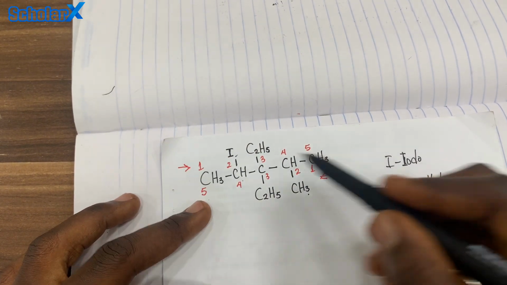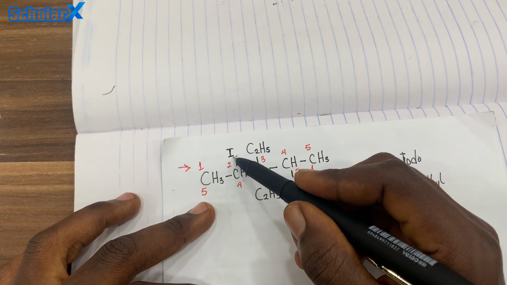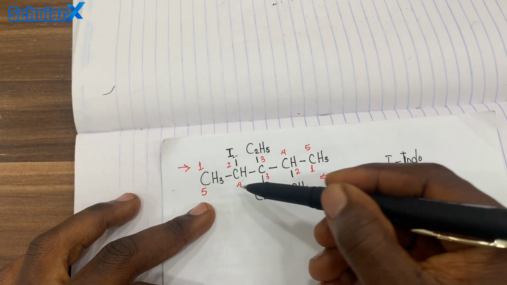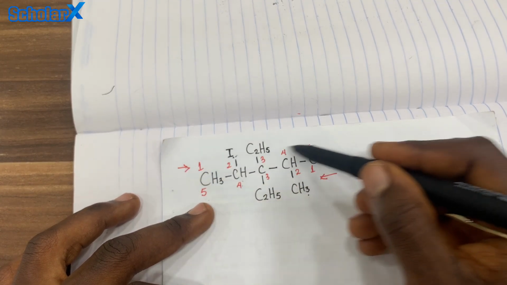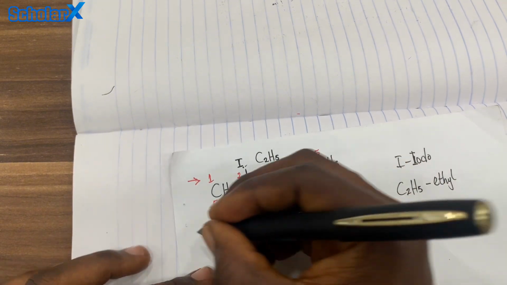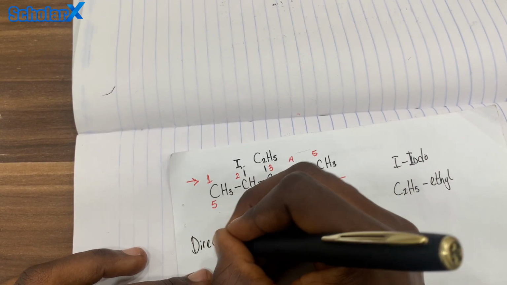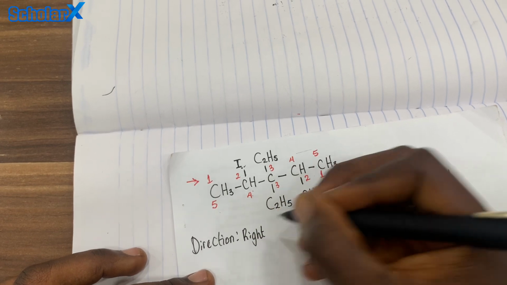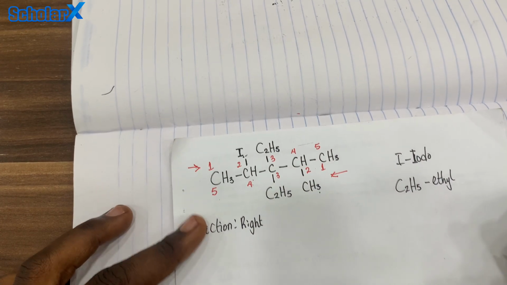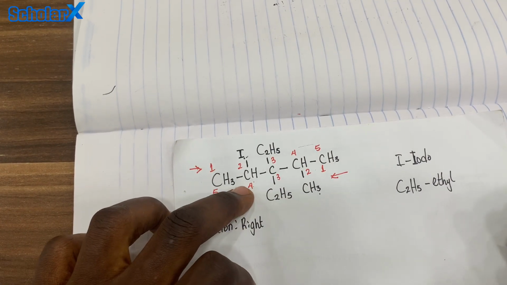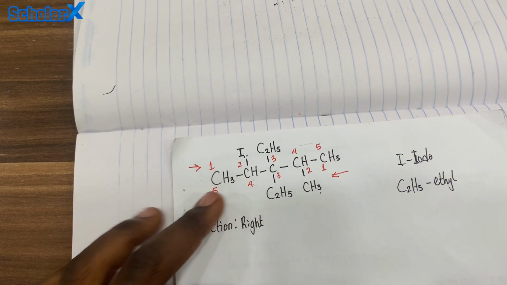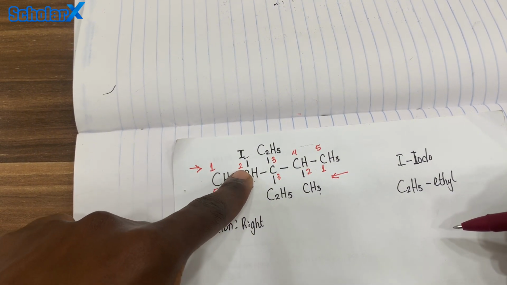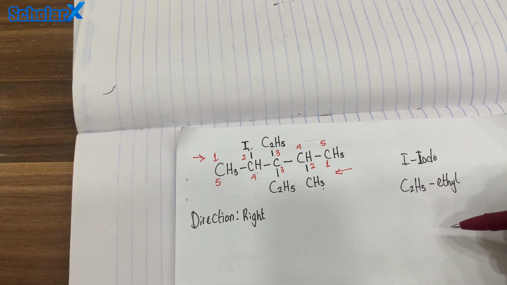So moving right, the iodo falls at the second carbon, but if we're moving left, it falls at the fourth carbon. So it means our direction is going to be what? Right. So our direction is going to be right. We're taking right as our direction, because that gives us the closest proximity to the closest carbon atom that we have here, and also proximity to the inorganic substituent, iodine.